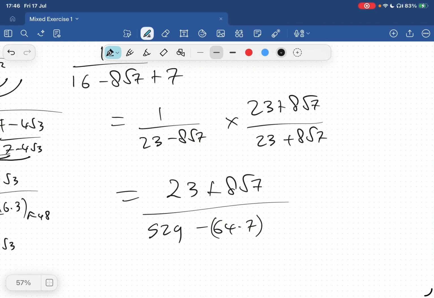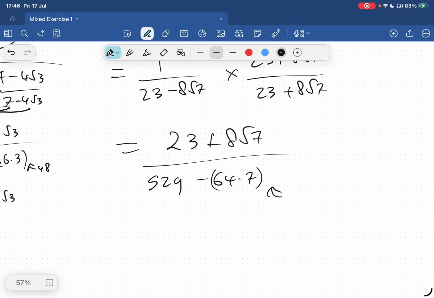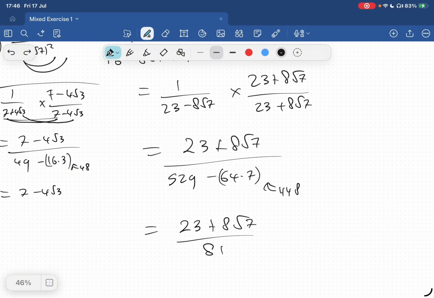So 64 times 7 is 448. 529 take away 448, we get 81 on the denominator. 23 plus 8 root 7 over 81. Okay, and 23 is a prime number, so we know we can't simplify that any further. And those are our final answers.